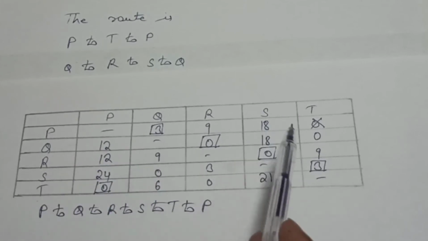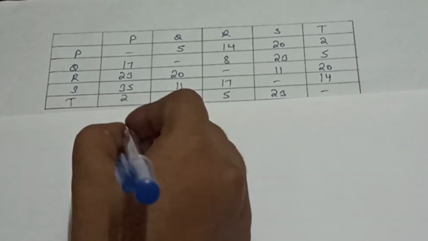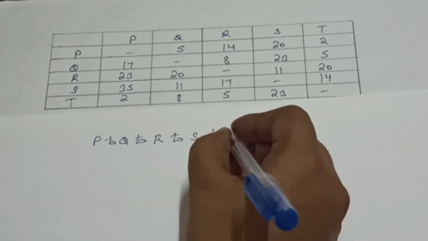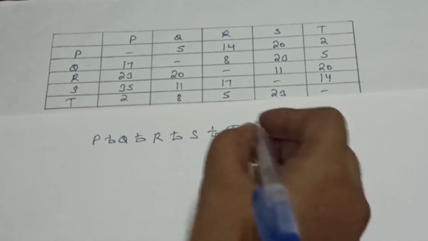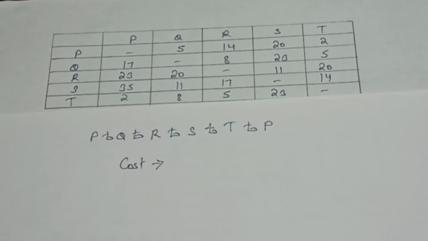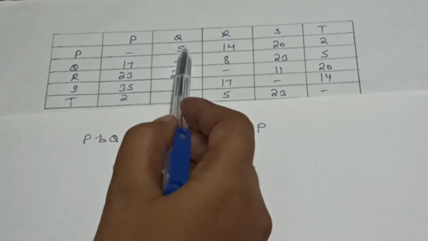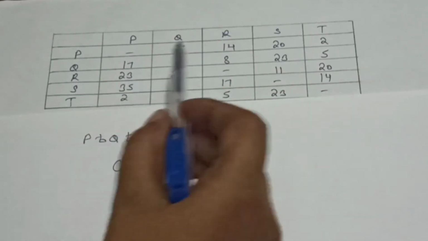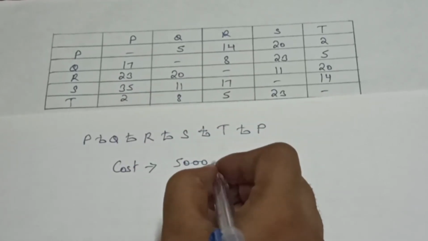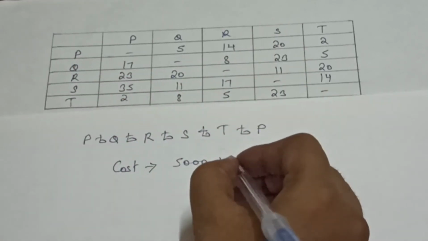So now we will calculate its cost. Now you know our route is P to Q, Q to R, R to S, and S to T, then T to P. As you can see, for P to Q, cost is 5. These are all in thousands, so we can say 5,000. For Q to R, cost is 8,000.